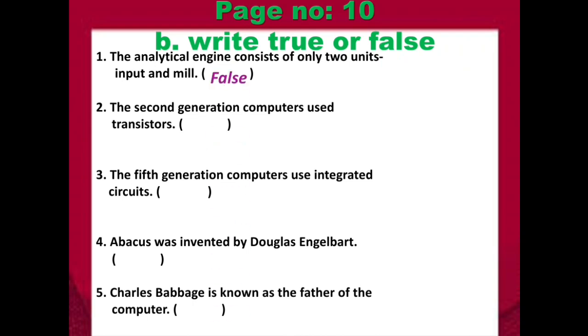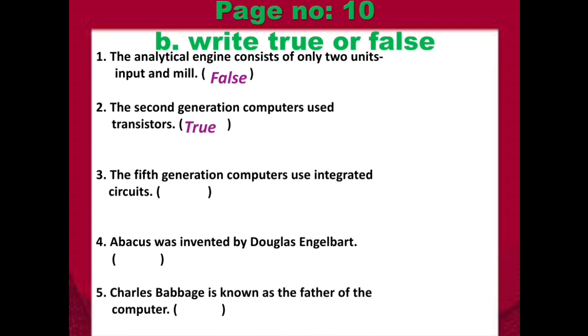The next one: the second generation computers used transistor. The statement is true. The next one: the fifth generation computers use integrated circuits.